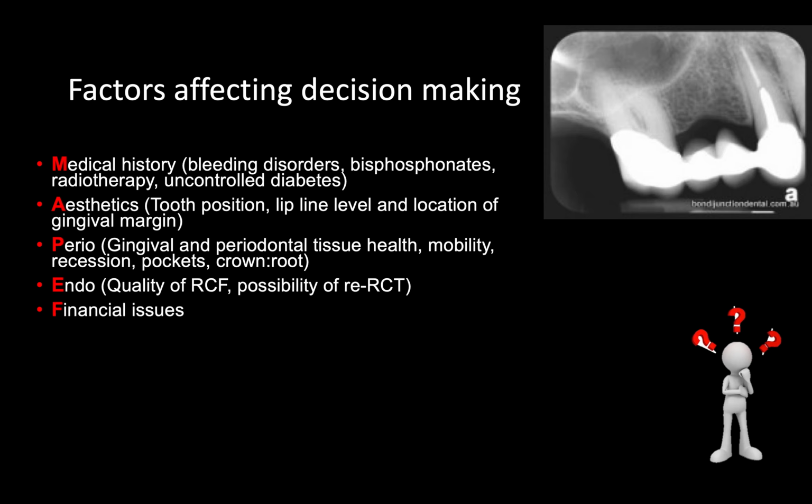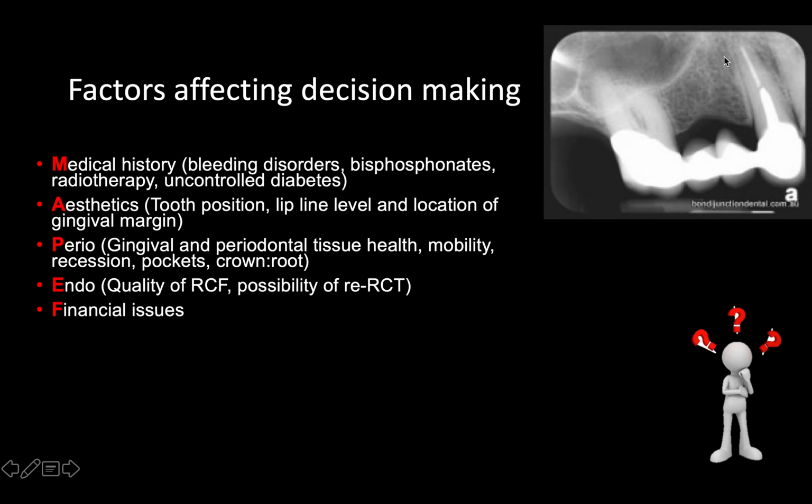Financial implications should be discussed with the patient. For example, look at this radiograph of a long-span bridge replacing two teeth. The mesial abutment has a long post. The margins of the restorations are well adapted to the teeth.